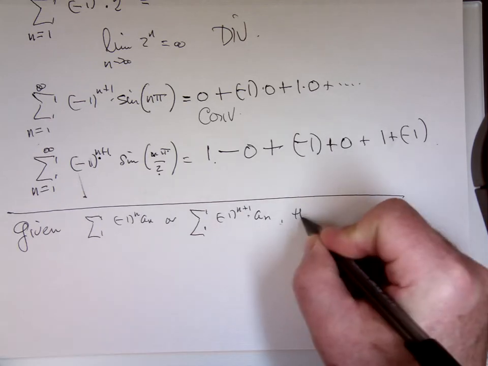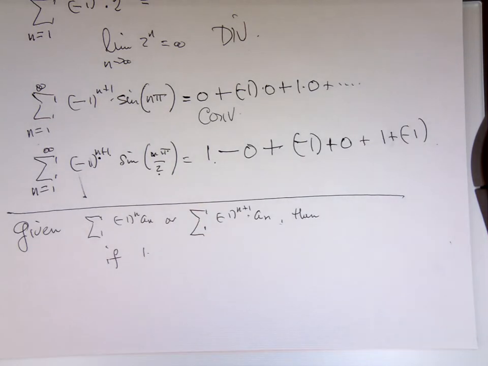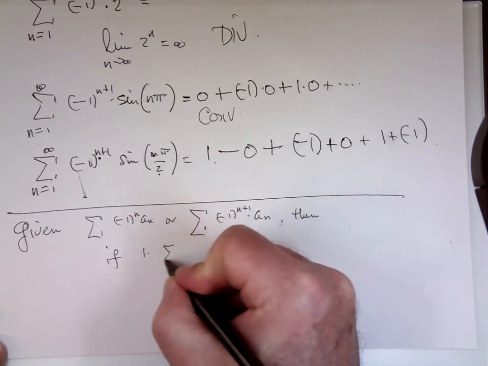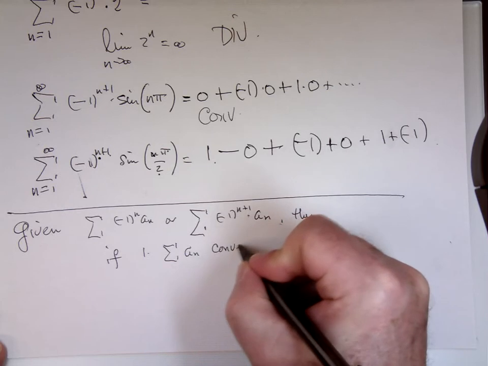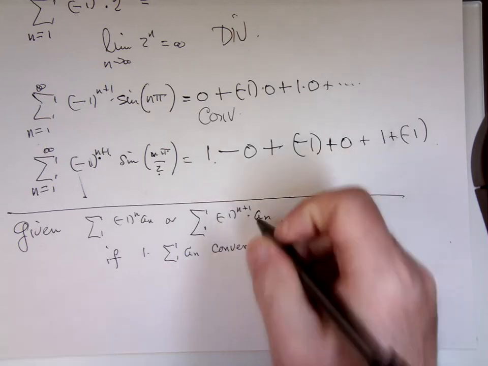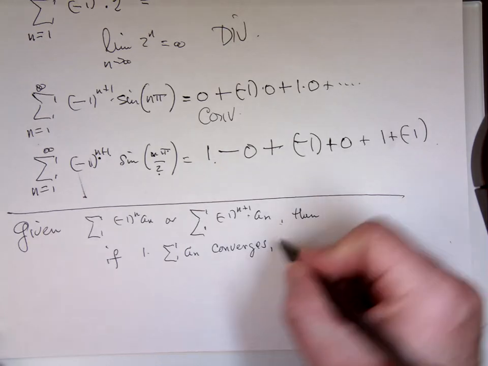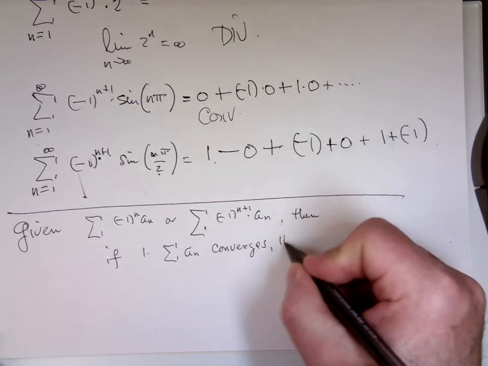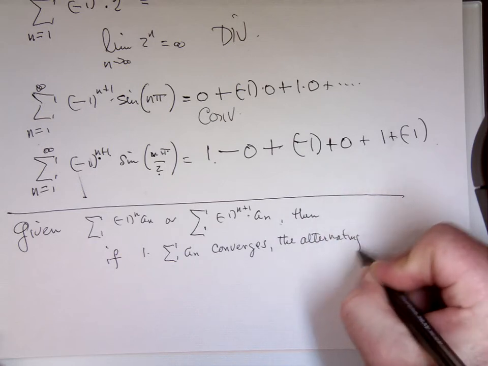If the positive series converges, in other words, forget the negative 1 part, if the positive series converges, the alternating series is said to converge absolutely.